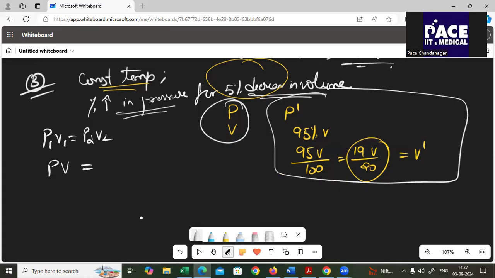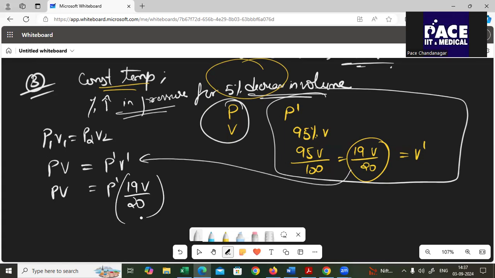P2 will be my P dash and V2 will be my V dash, and in the place of V dash, I can use 19V by 20. Now PV is equal to this, cuts off. Now my P dash is equal to 20P by 19. This is my P dash.